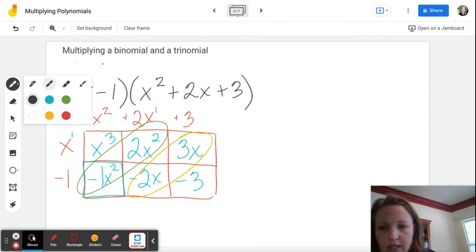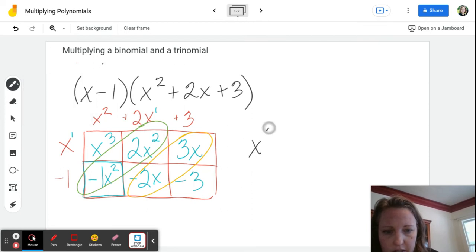Okay. So we're going to go ahead and write this answer in black. So we have the x to the third. All right. Gotta have him. Now we have negative 1x squared, and then we have plus 2x squared. So negative 1 plus 2, that's just a 1. And it's positive, right? So that's a plus 1x squared.